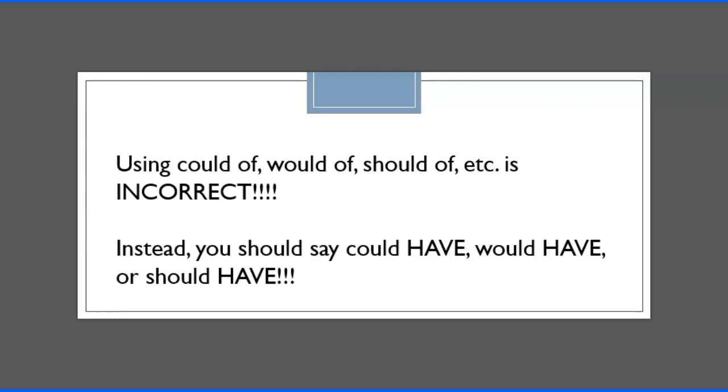Then lastly, if you look at page 234, it gives a chart that shows the principal parts for some problematic verbs. Things like attack. It is not attacked, attacked. It's attack, attacked, have attacked. Blow completely changes. Blow, blew, not blowed, and have blown. Bring, brought, have brought.